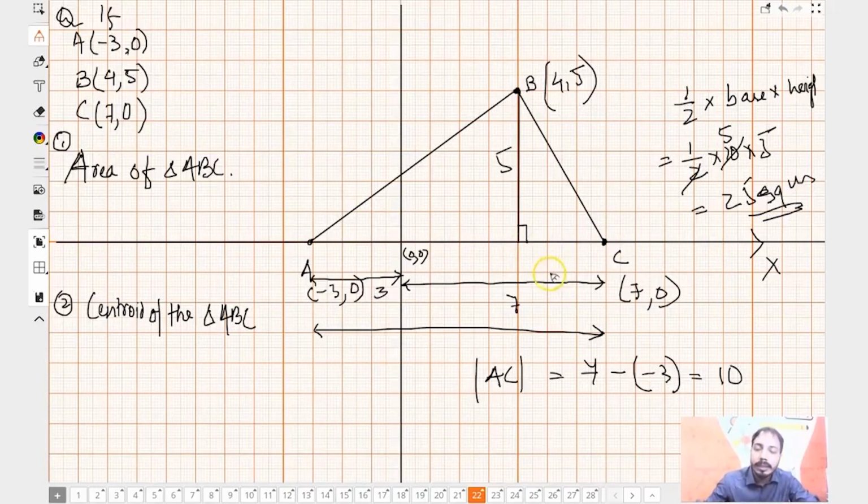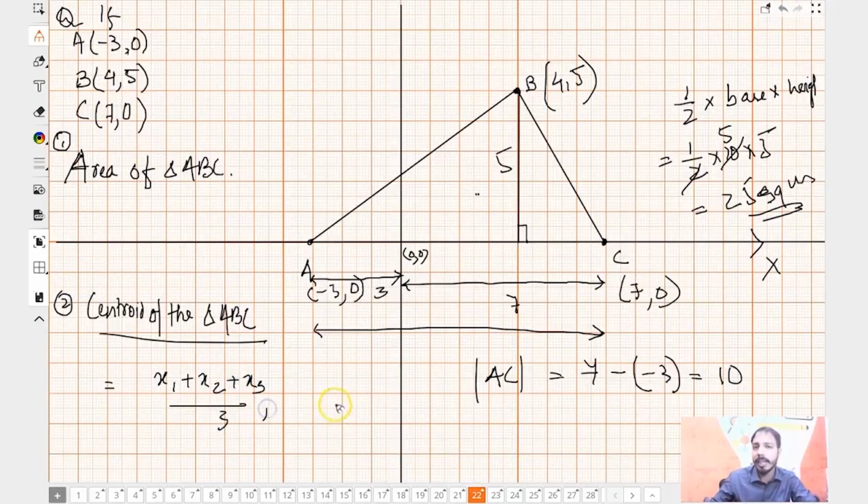Right? Simple. Similarly, we can also find out the centroid of this triangle. The formula for the centroid of the triangle is, suppose this is the centroid: x1 plus x2 plus x3 by 3. So you take the average of the abscissas of these 3 points and the average of the ordinates of all the 3 points, by 3.